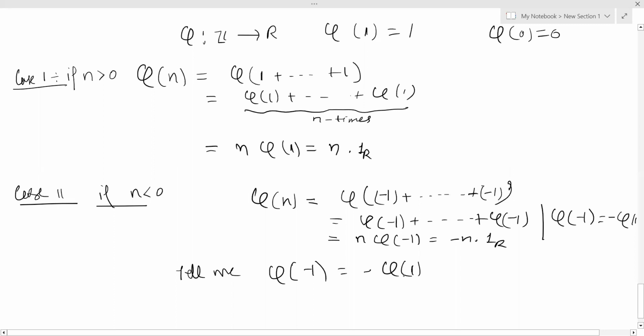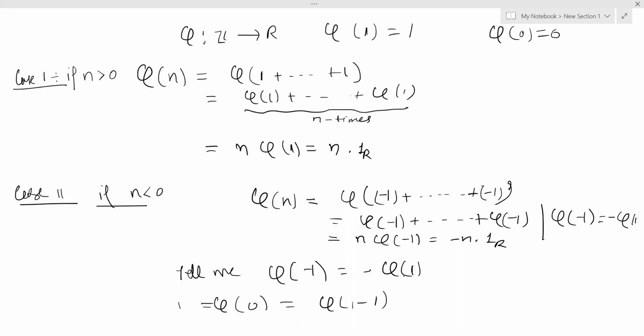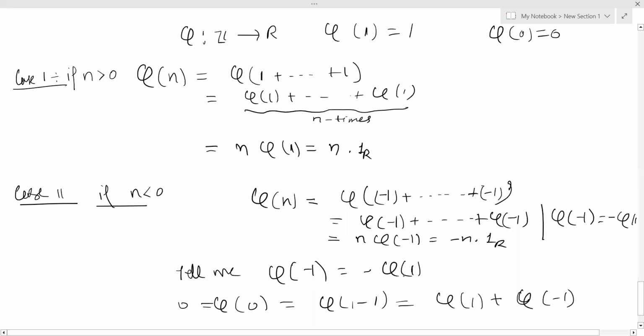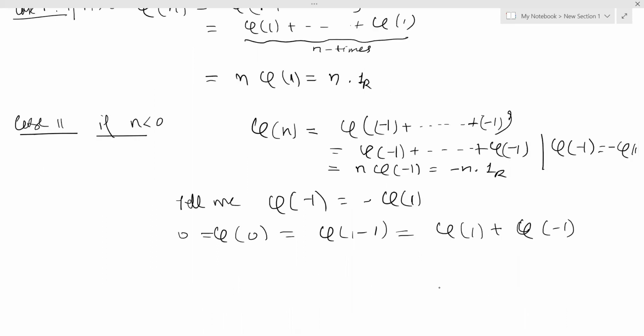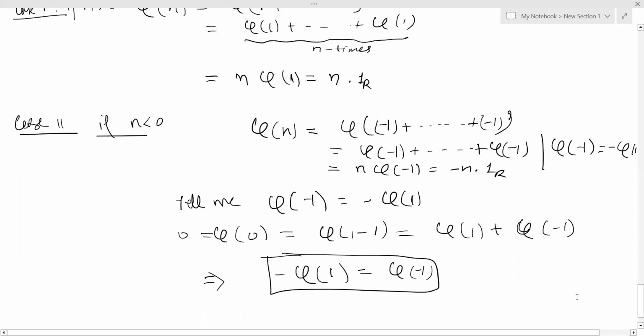Phi of 0 equals phi of 1 minus 1. This is 0, which equals phi of 1 plus phi of -1. So one is the additive inverse of the other. That means phi of -1 is minus phi of 1. Correct, so this is done.